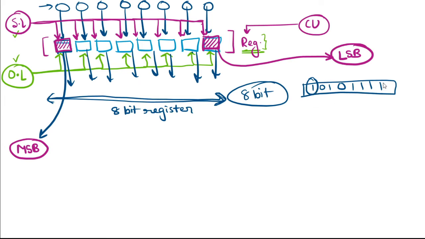So for example, if this sequence is coming as an input, then this is the least significant bit and this is the most significant bit, right?